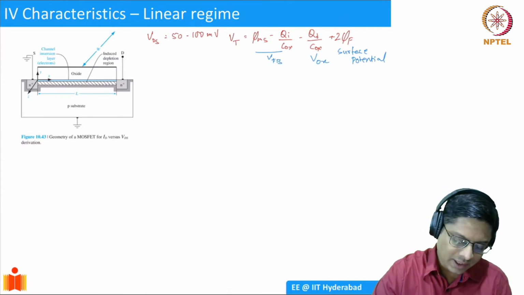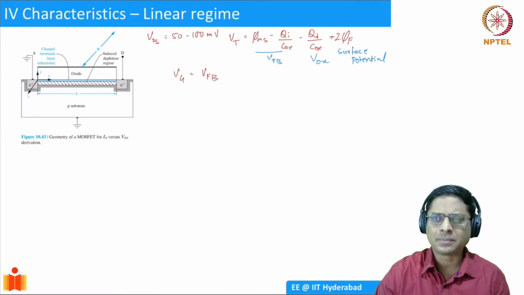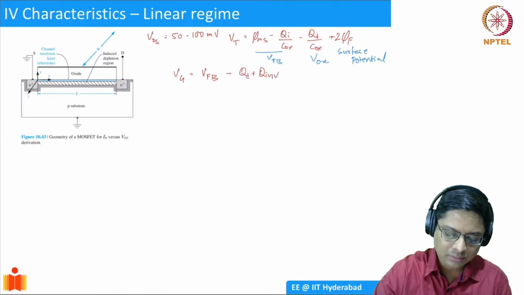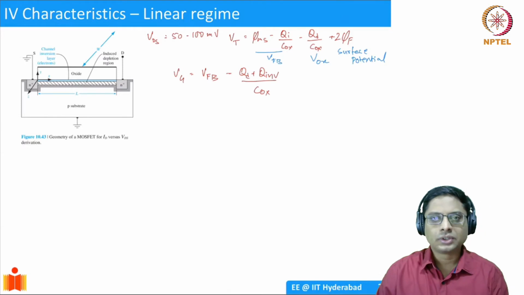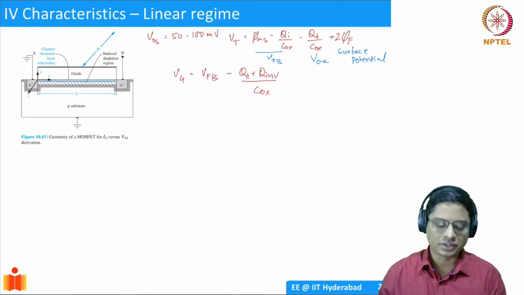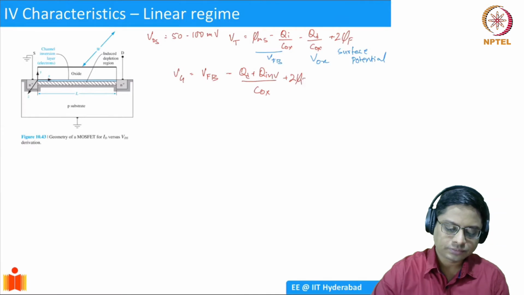There will be this VFB, the flat band voltage, minus QD, plus Q inversion, now by Cox. So there is an additional inversion charge right below the oxide, which I'm adding, plus 2 phi_f.